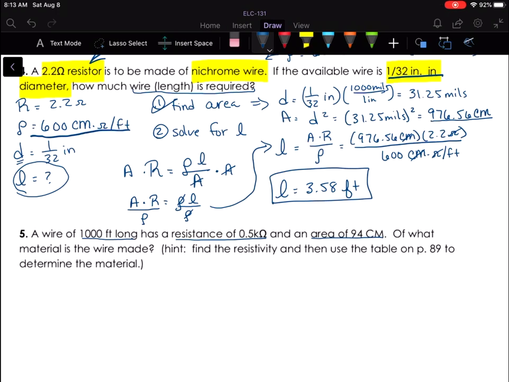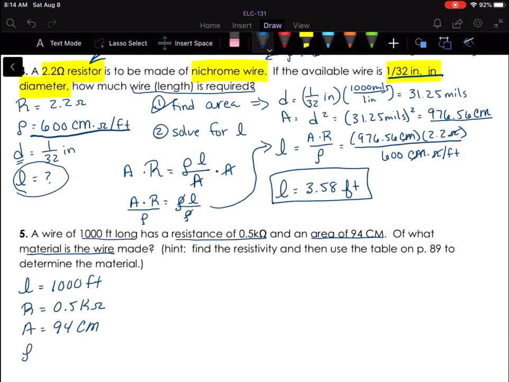Oh, this is interesting. So again, we've got a length of 1,000 feet. We have a resistance that is given as 0.5 kiloohms, and we have an area of 94 circular mils. And we need to find the material the wire is made of.